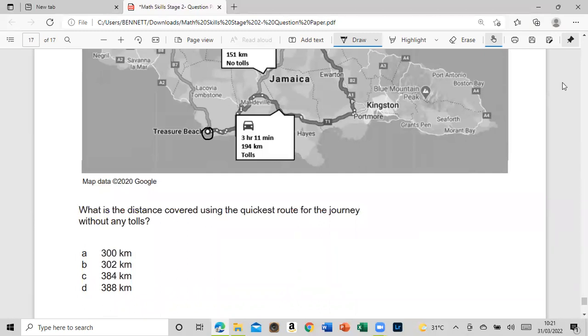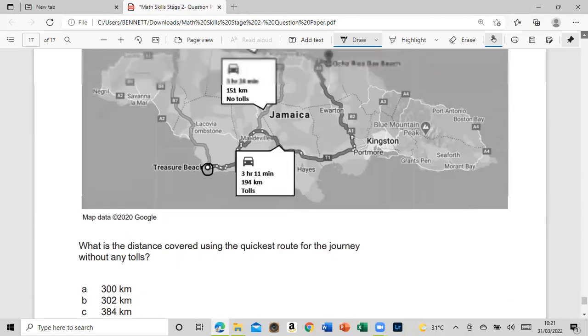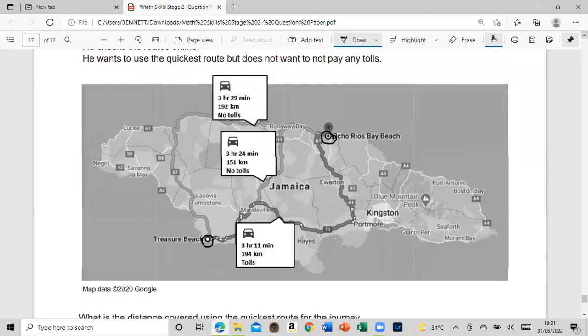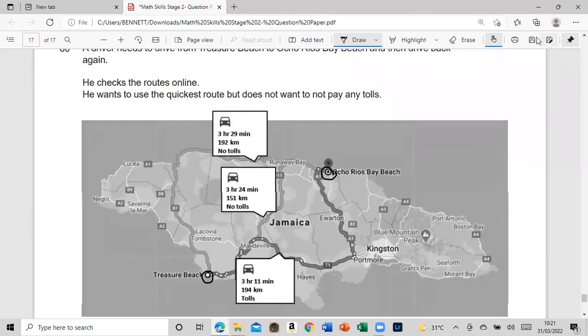You understand the question? Okay, so what is the distance covered using the quickest route for the journey without any tolls? But they didn't give us any measurement. Are they saying from here?